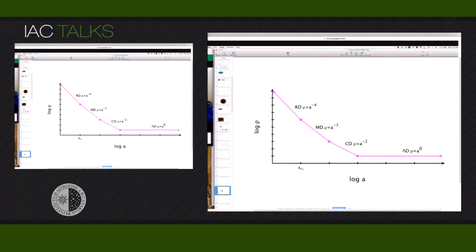So this is another view of what I just said. If you plot the evolution of the density parameter as a function of log a, so not the scale itself, to make it more visible, you see the radiation density drops as a to the minus 4. So a steep slope here, and then there's an equality time when radiation and matter density are equal. Then matter becomes dominant, and that's the matter epoch, and it goes away as a cubed, and then the cosmological constant takes over.